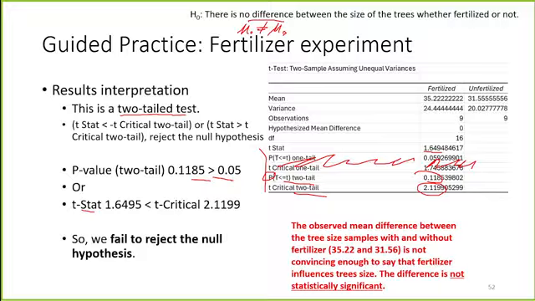That means the observed mean difference between the tree size samples with and without fertilizer, 35 and 31, is not convincing enough to say that the fertilizer actually influences the tree size.